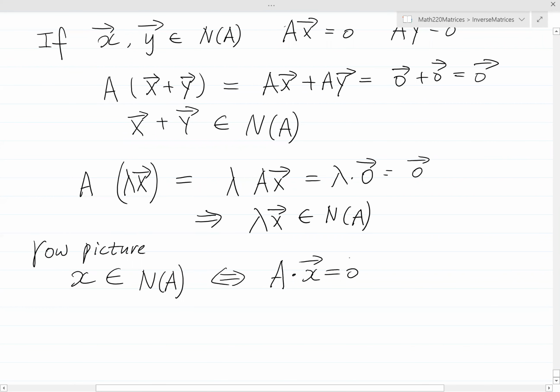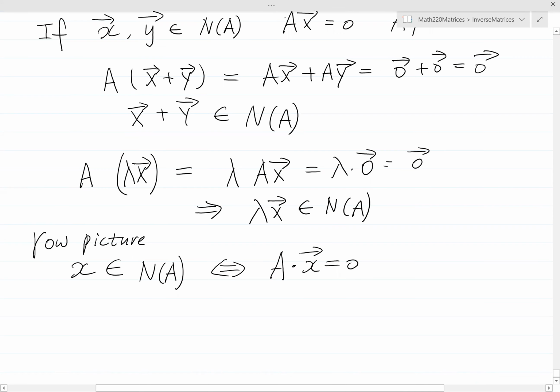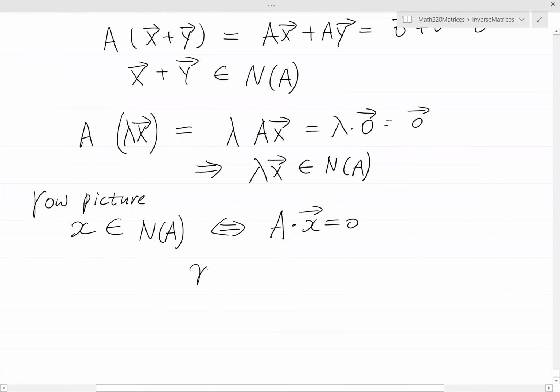Using row vectors, this means R1 dot x is 0, R2 dot x is 0, and so on, up to Rm dot x is 0.